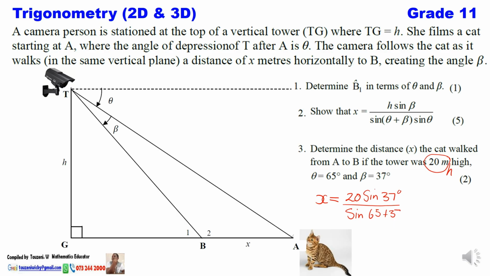Remember brackets here, multiplied by the sine of theta, which is equal to the sine of 65 degrees. Then using a calculator, we can simply plug all this in and find the answer. So the distance traveled by the cat, which is x, is equal to 13.5858 meters. Then the question has been answered. So that is basically about it.